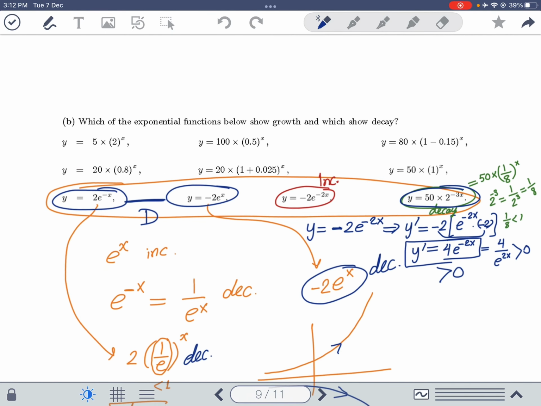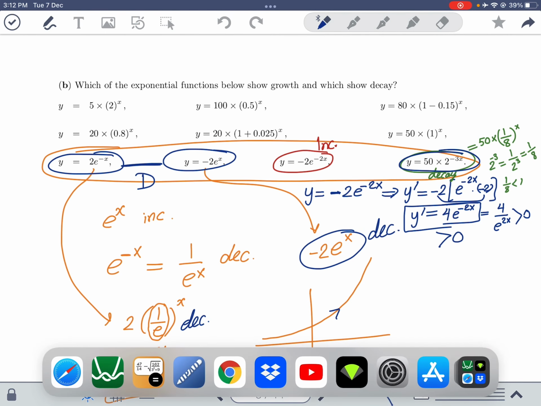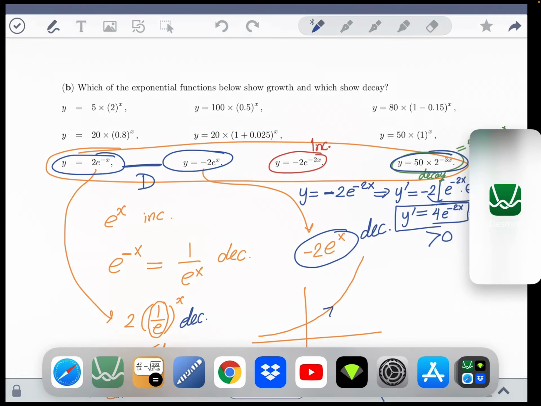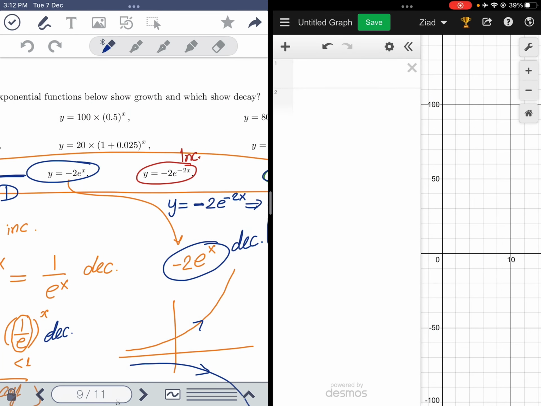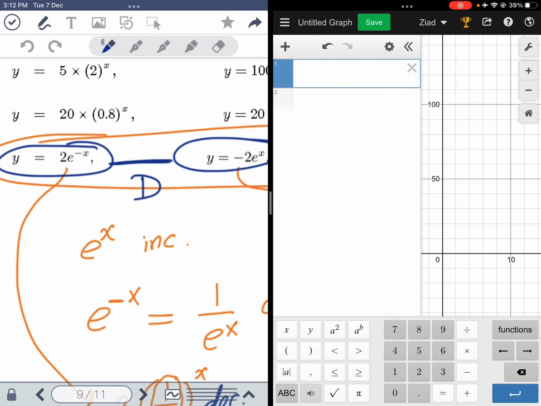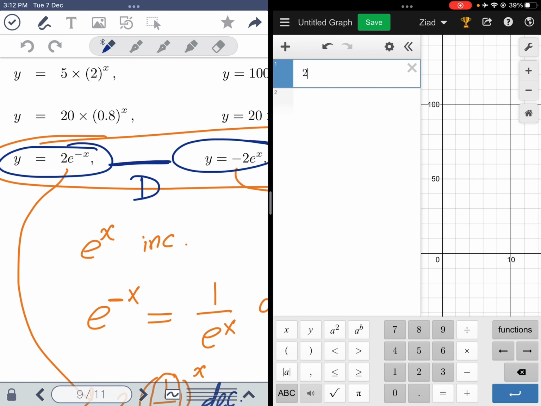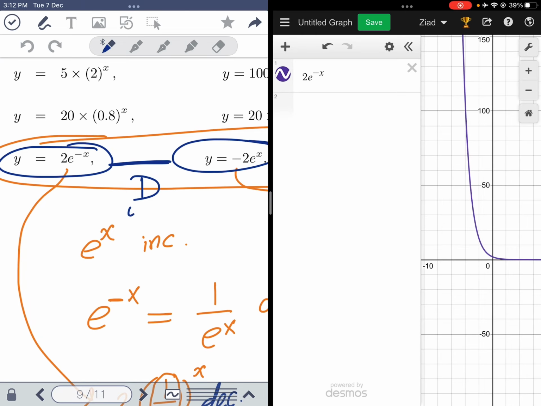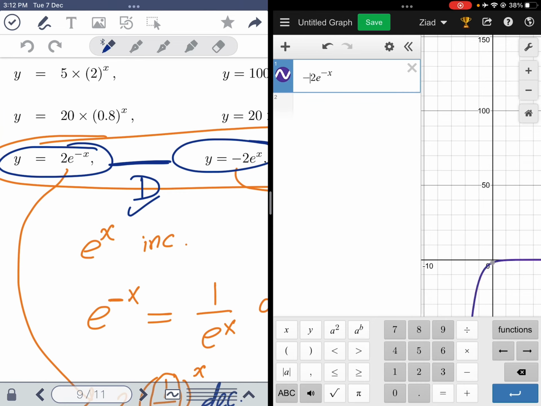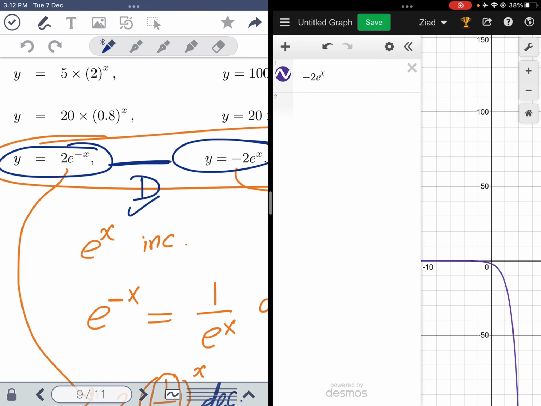So let's check now just this last line in Desmos. We will put them one by one. 2e to the minus x, 2e to the power minus x, decreasing, yes. Minus 2e to the x, so now we put minus 2e to the x, decreasing.